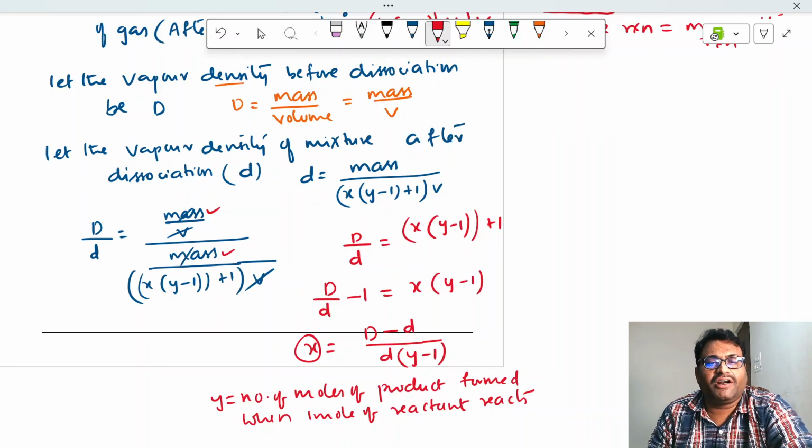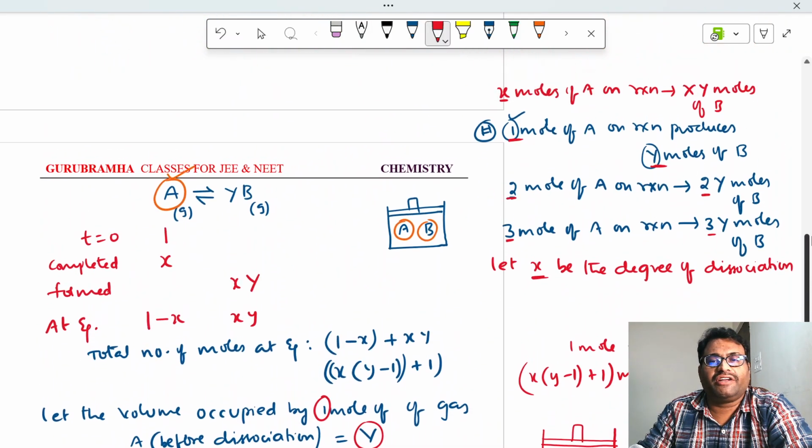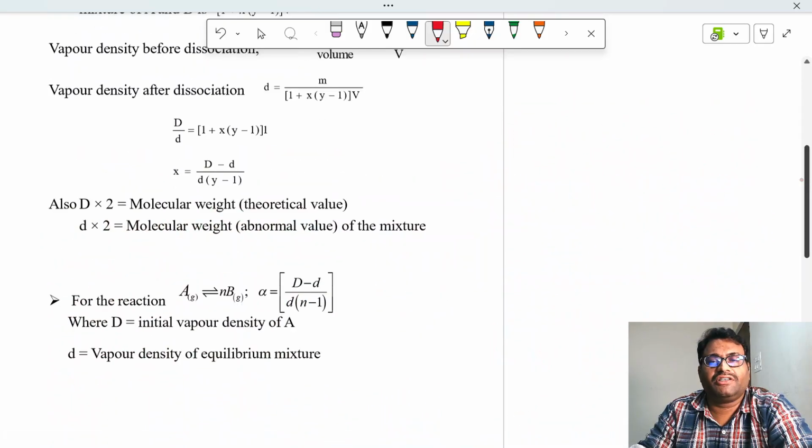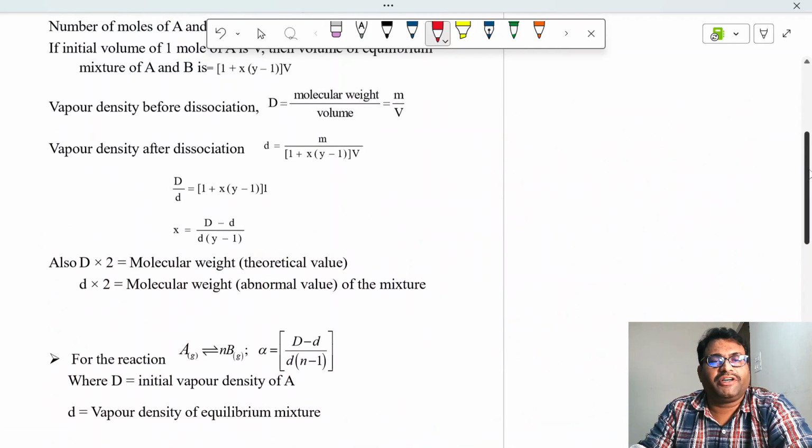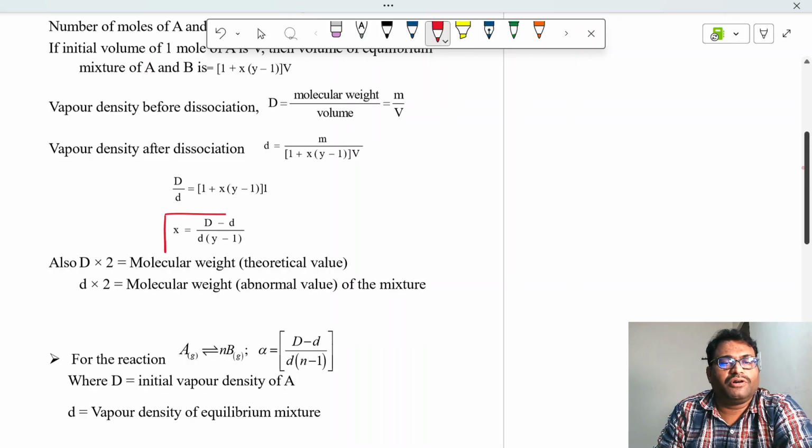So what is the formula? x is equal to (D minus d) by d into (y minus 1).